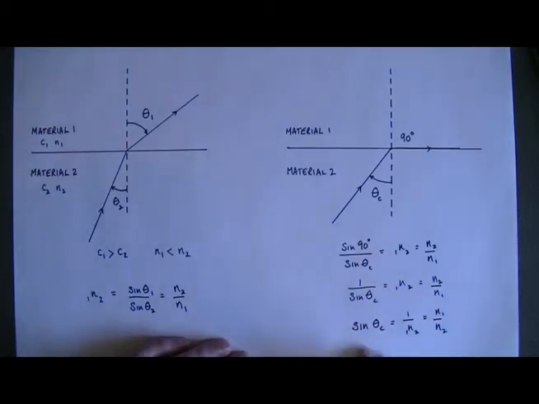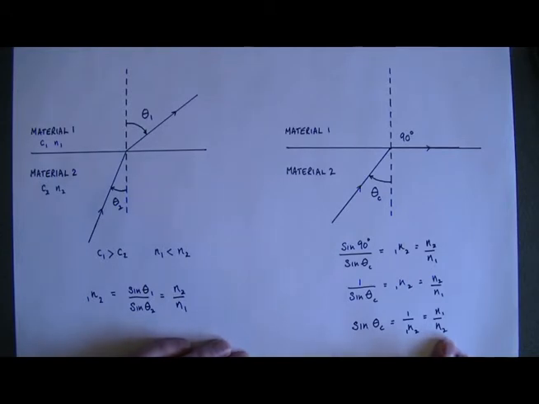So that's the general form of the equation relating the critical angle to the refractive index of the material that the light's travelling through.